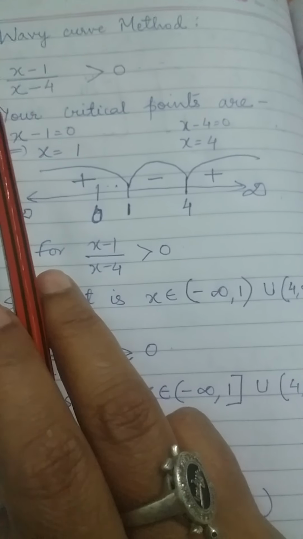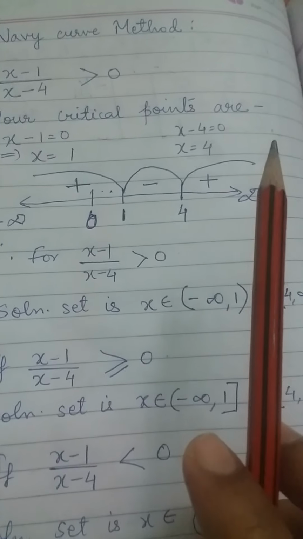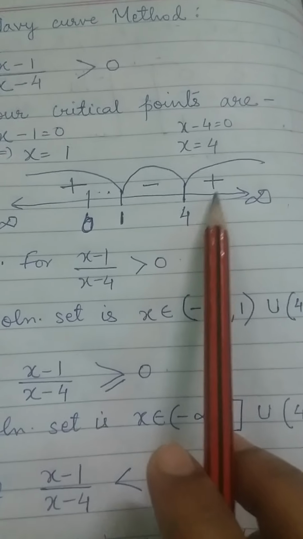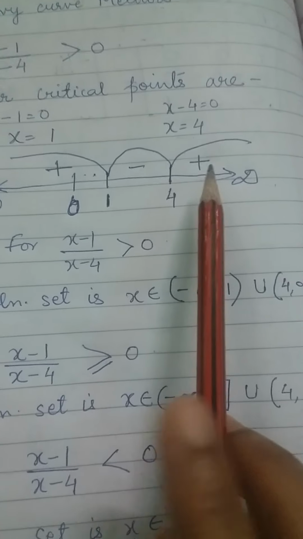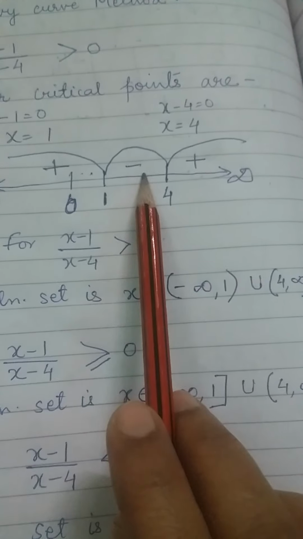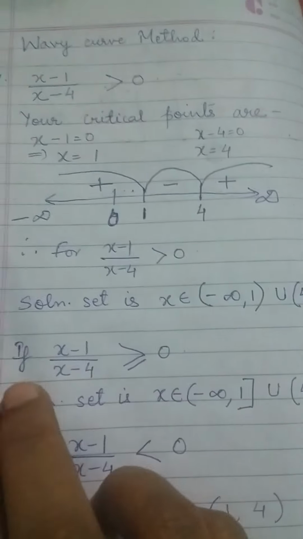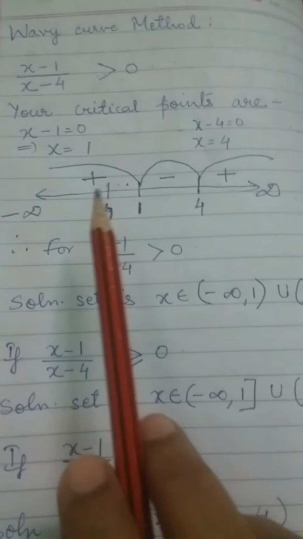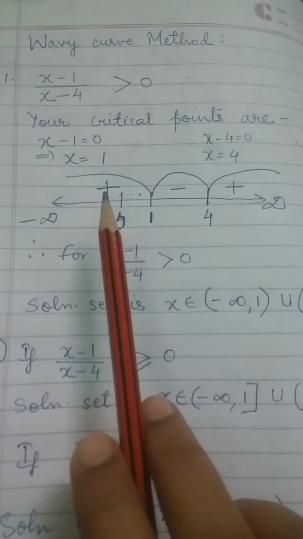There is no other sign, it means it is a positive sign. Positive sign means we will start from the right end as positive. This is very important. After that, alternately we will make negative, positive, meaning first is positive, second is negative, then positive, and so on. Here we are having only 3 intervals, so it will be positive, negative, positive.